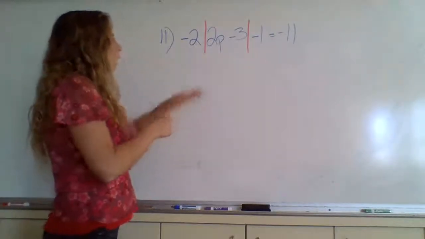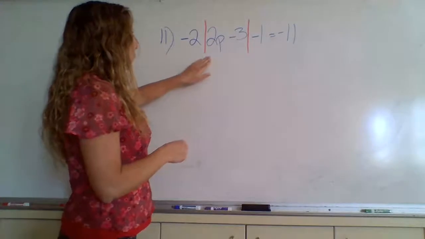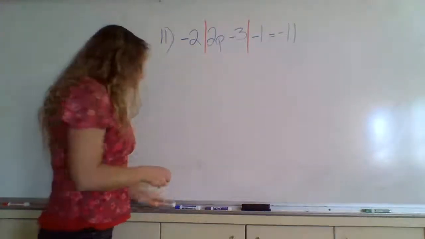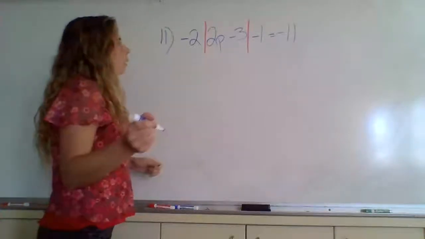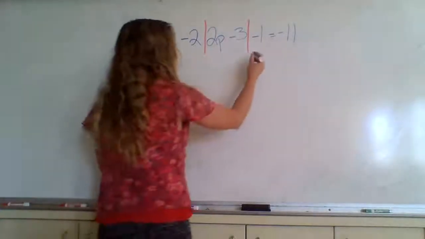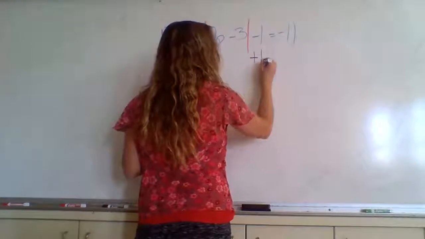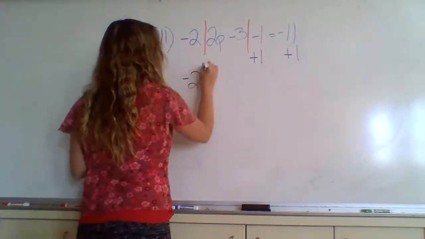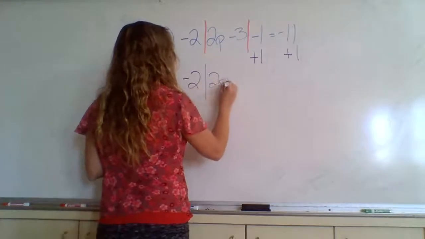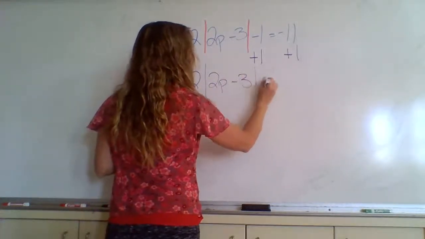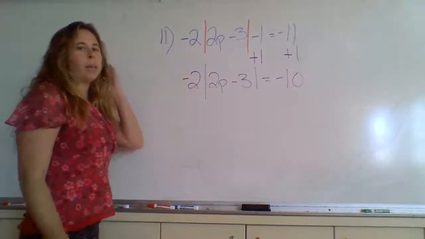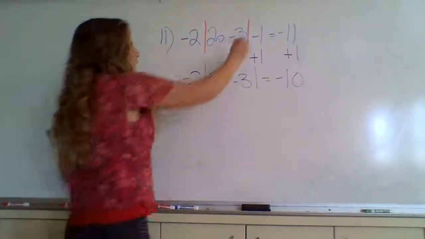So you have to isolate your absolute value. So the first thing, you're going to add 1 to both sides. Okay, I added 1 to both sides. So those canceled out.